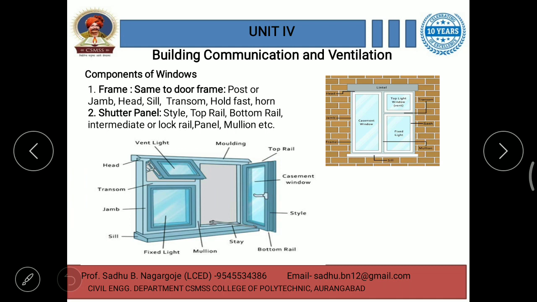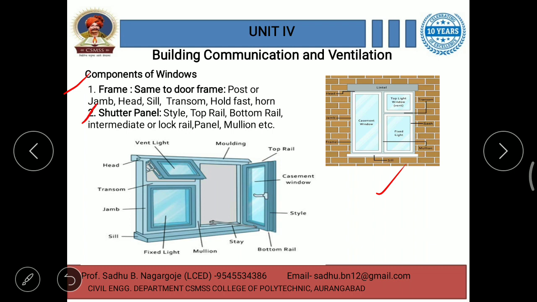So before going to study the types of windows in detail, let's have a look over the components of windows first. First component part of the window is again window frame, same as door frame. The components of window frames are post or jamb, head, sill, transom, holdfast, horn, etc. You can see in this diagram.